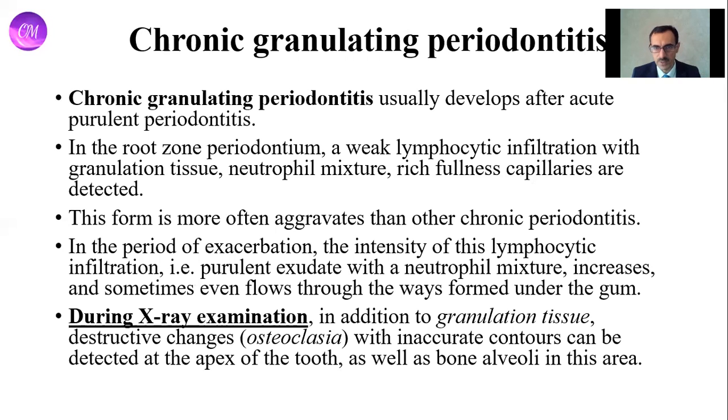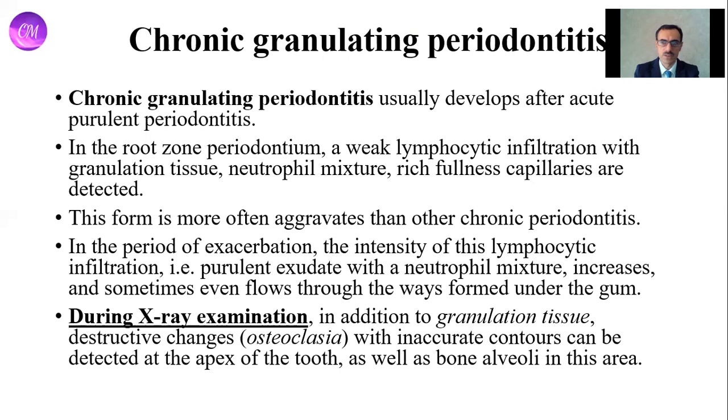This form aggravates more often than other chronic periodontitis. In the period of exacerbation, the intensity of lymphocytic infiltration and purulent exudate with neutrophil mixture increases, and sometimes even flows through the fistula formed under the gum.